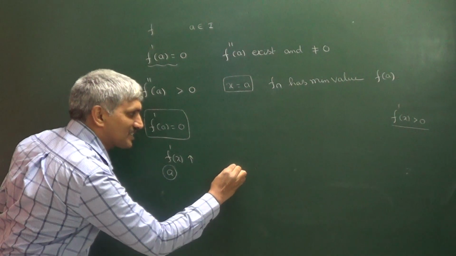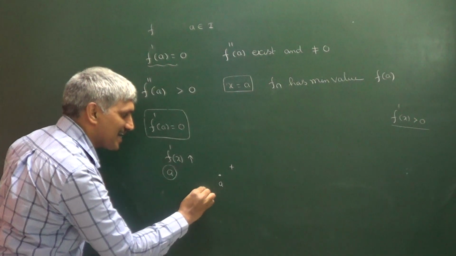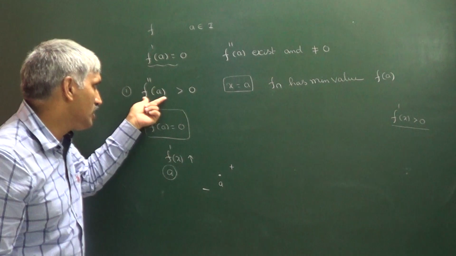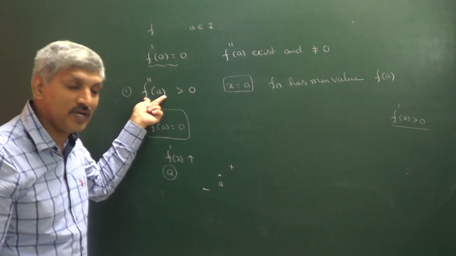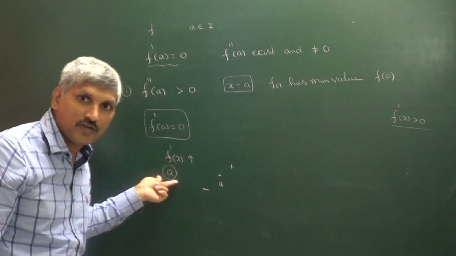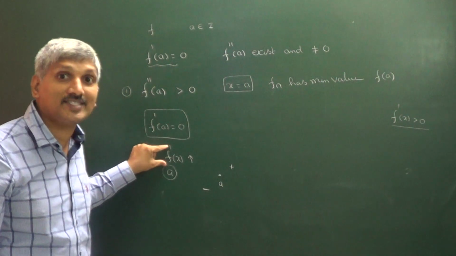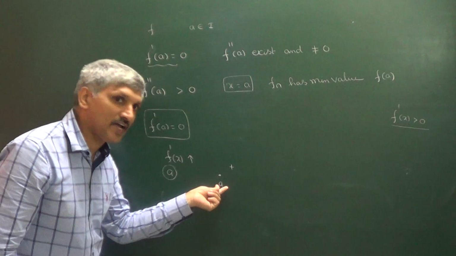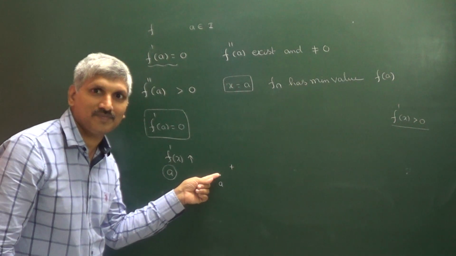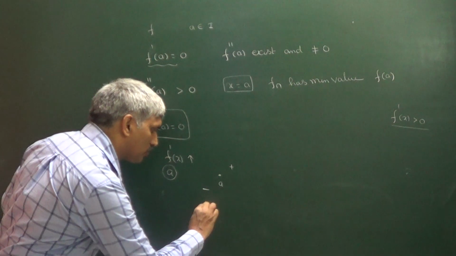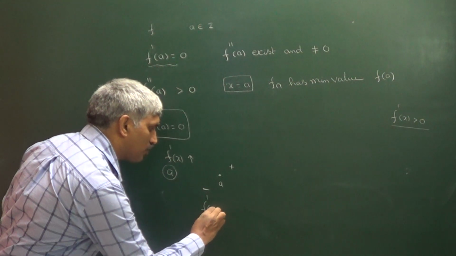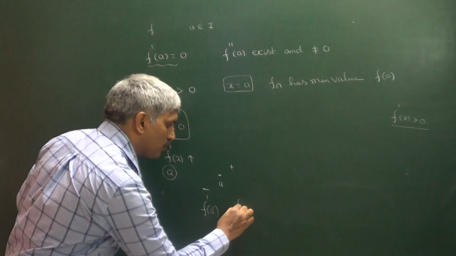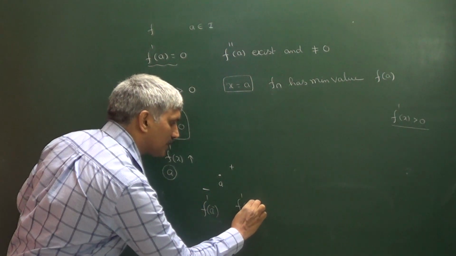A plus must be positive, a minus must be negative. Once again, f double dash of a greater than 0 means in the neighborhood of a, f dash of x is an increasing function, and we got the information f dash of a is equal to 0. But f dash of a equal to 0 means what can you say about f dash of a minus? Negative. What can you say about f dash of a plus? Must be positive.